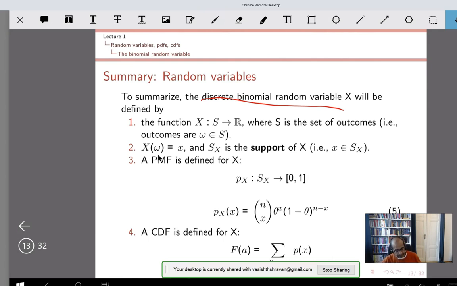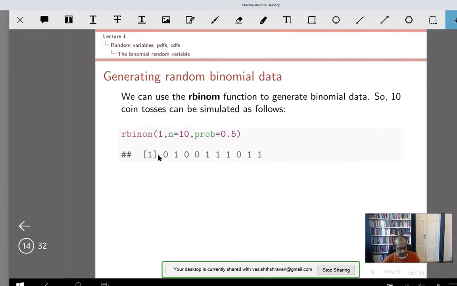Basically, this random variable maps every possible outcome s to some real number value, which is called the support of x, and each element in the support of x has some probability associated with it, which we can compute from the probability mass function. We can also compute cumulative probabilities using the cumulative distribution function. So that's the story with the discrete case.